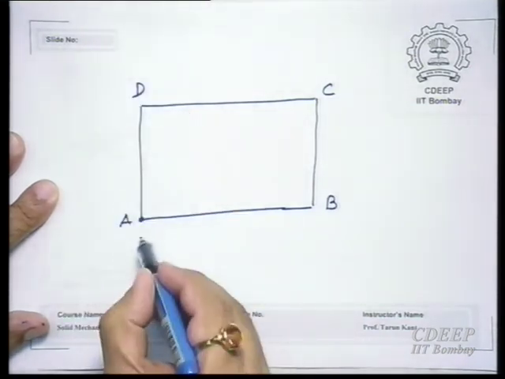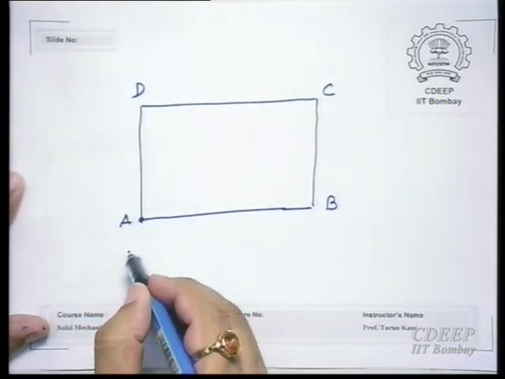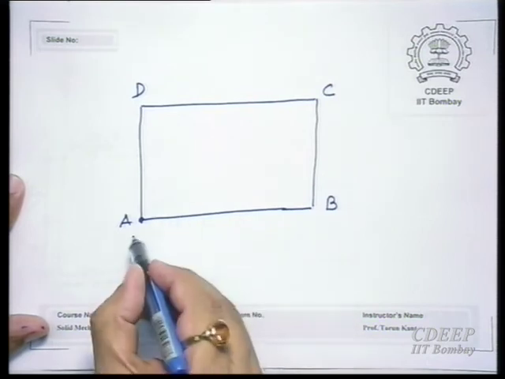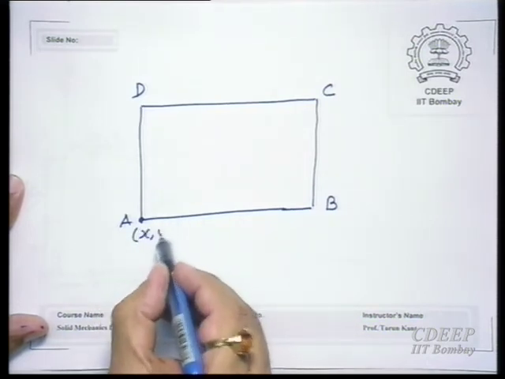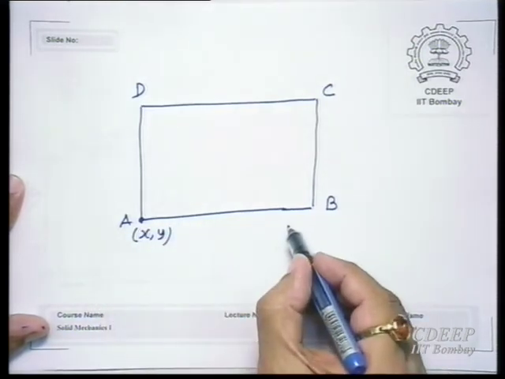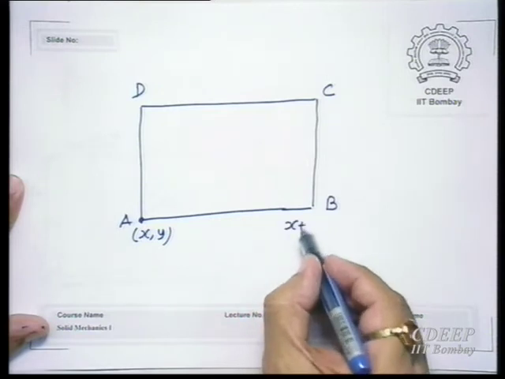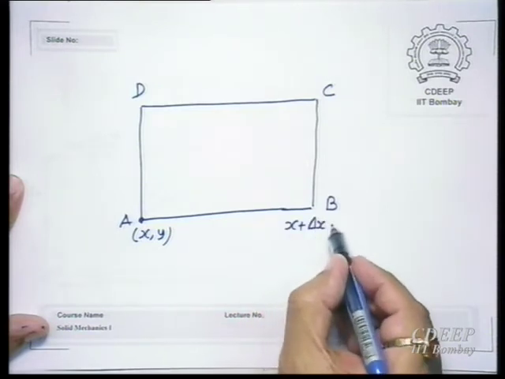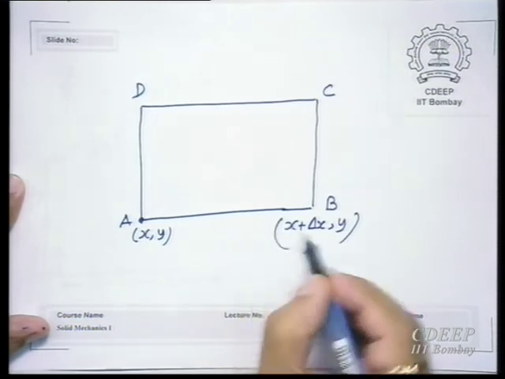So like this. What is the original coordinate of this? This is x and y. This is x plus delta x, y.